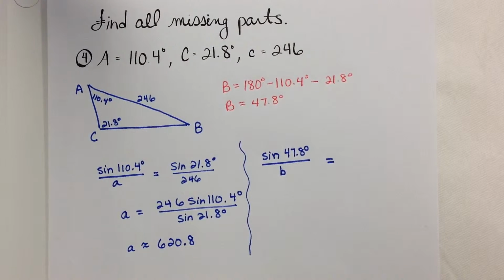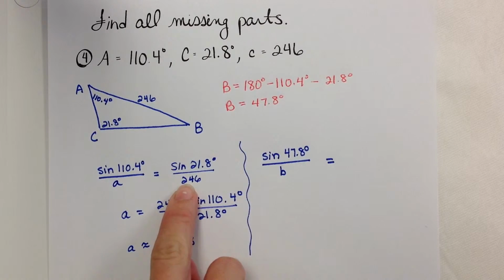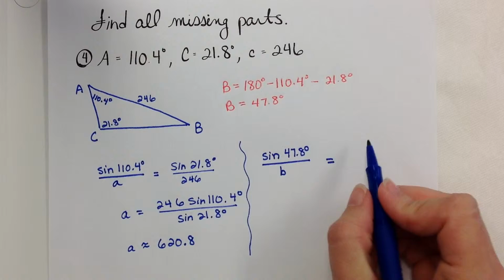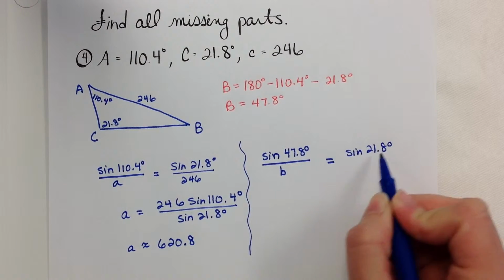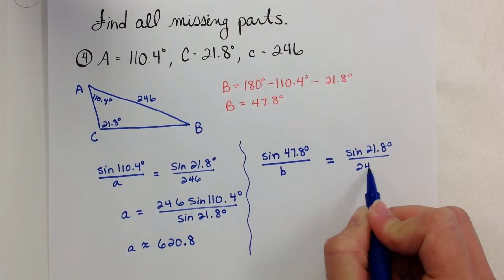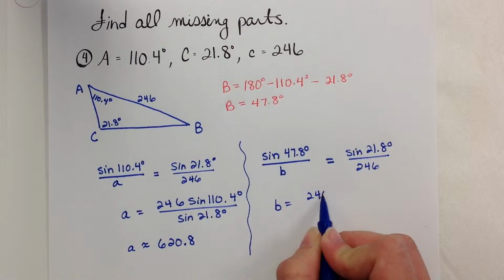Now, you do have angle A and side A now that you could use here as your other ratio, or you can use angle C and side C, again, just like I used it here. And that's what I'm going to do, is just use angle C and side C again. Okay, so again, in one step, I'm going to go ahead and cross multiply and divide.